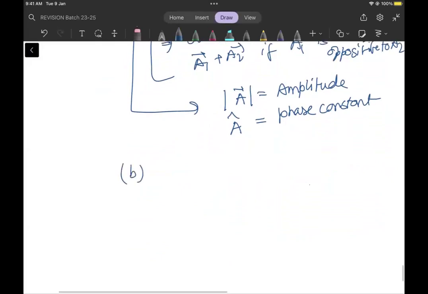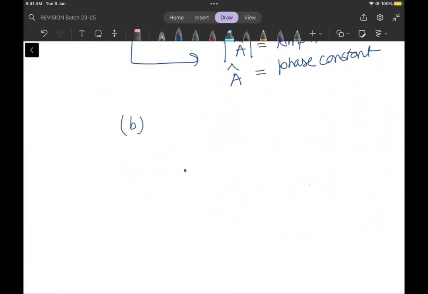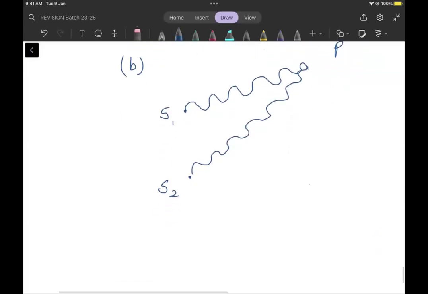Second, the thing we have to remember is that if this is the source of one wave and this is the source of another wave, then at any random point P, waves from S1 will reach point P and waves from S2 will reach point P, right?